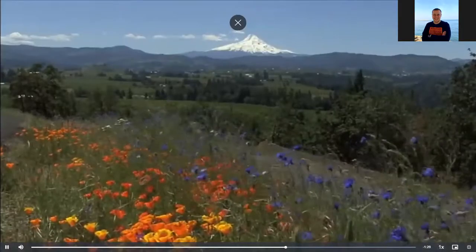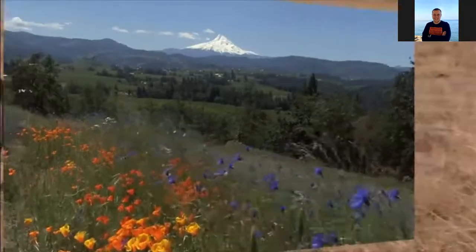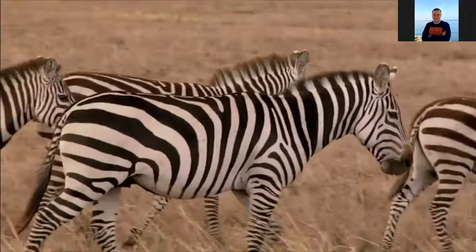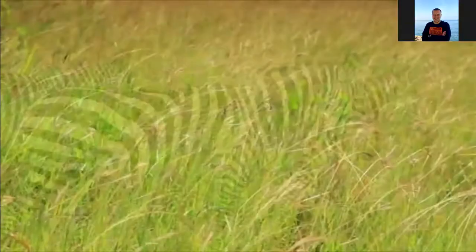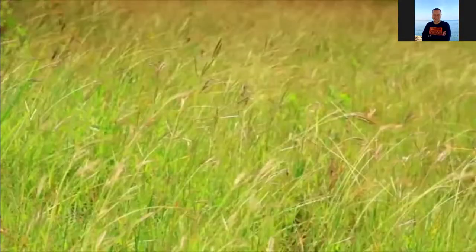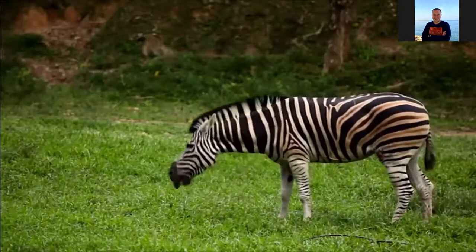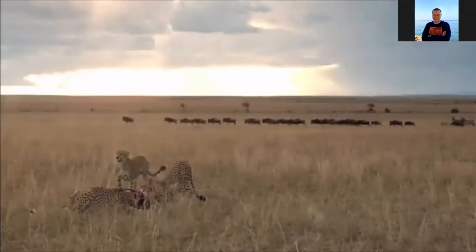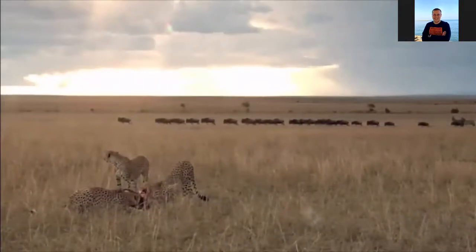Every habitat has its own food chain. In the grasslands, the food chain can begin with a plant like grass. Grass is the producer. The grass is eaten by a zebra, a consumer. The zebra is eaten by another consumer, a cheetah.